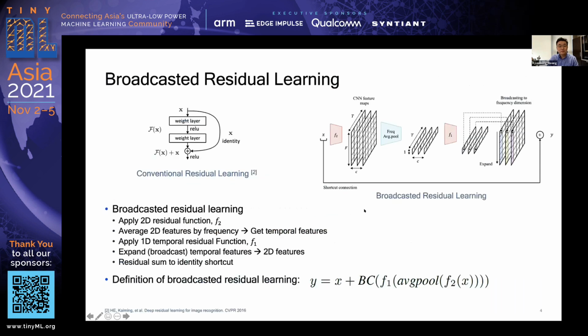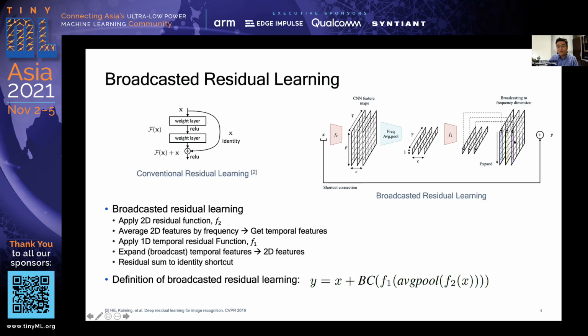So this is the idea we have. In conventional residual learning, each residual block has a couple of layers inside. In our case, we start with a 2D input feature map and perform one layer, and then we average it over the frequency axis, get a temporal feature, and perform 1D convolution here.